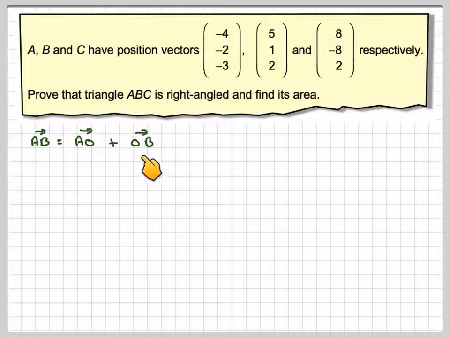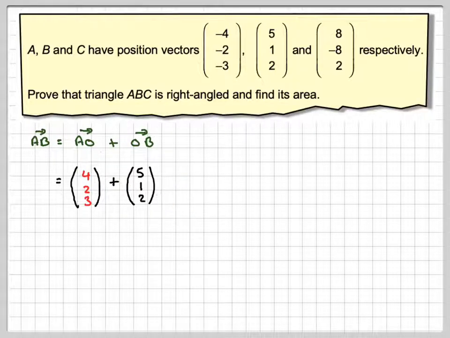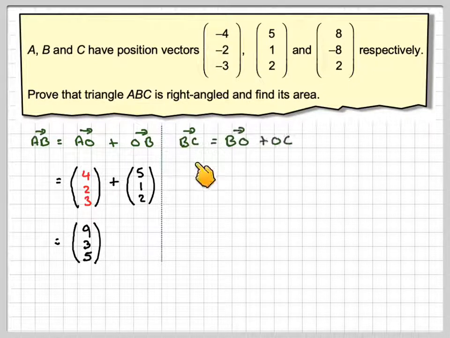So AB is AO plus OB. Here we have OA, so we need to change the sign of each of those. So it'll be (4, 2, 3) plus OB, which is (5, 1, 2). So it gives me 4 plus 5, which is 9, 2 plus 1, which is 3, 3 plus 2, which is 5. And then to find BC, we do a similar thing, BO plus OC.